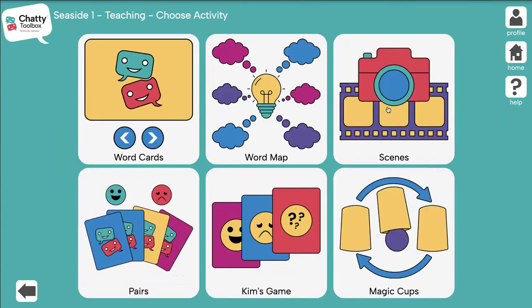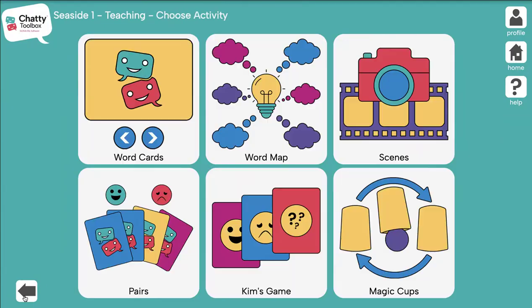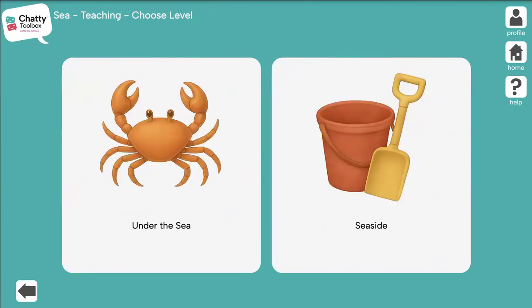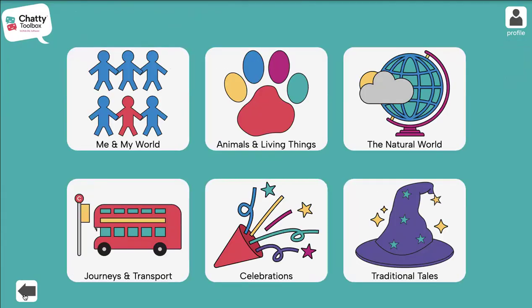I think for the easy set, there's a nice picture of a picnic. Things to talk about like a lifeguard, and you've got buckets and spades, you've got a windbreak there and a flag. So lots of things you can talk about with the children, as well as having questions. Okay, and that's the natural world. So hopefully that will be helpful for you.